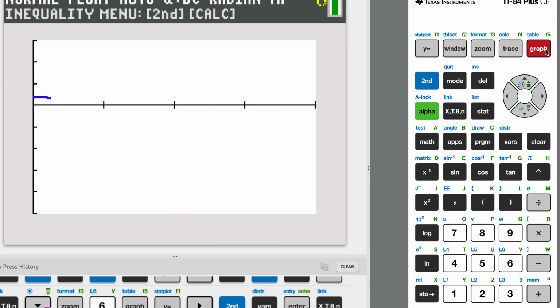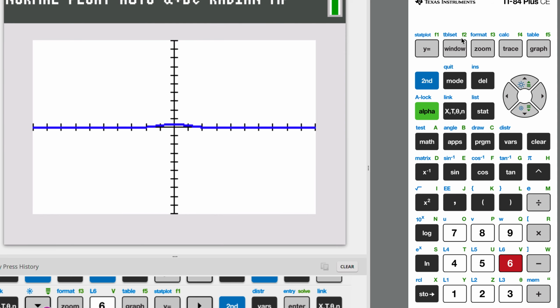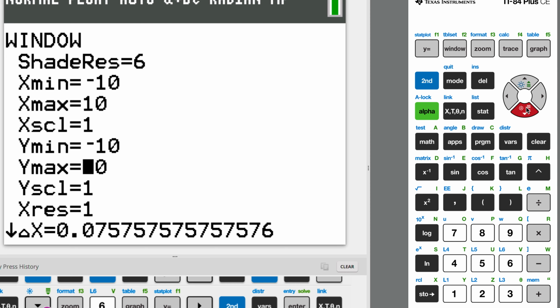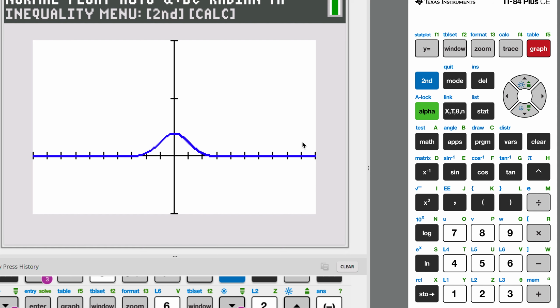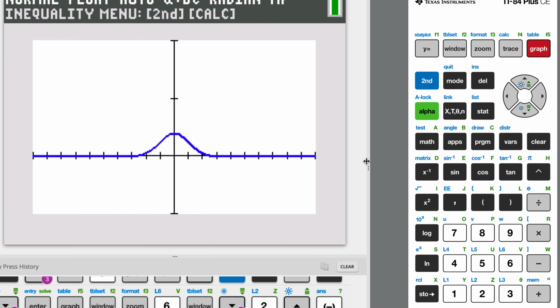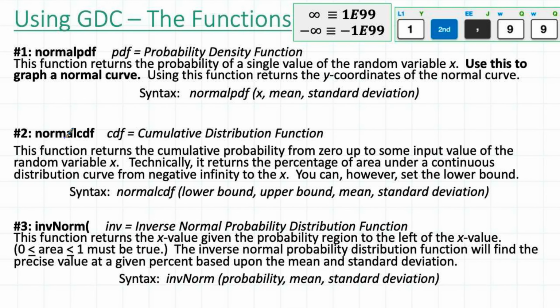I can graph this if I want to. I'll just change the window to, probabilities are small, so we're just gonna go with 2, and you can see the bell curve happening. The mean is at 0 and the standard deviation is 1, so that's how it's moving here. So the first function is just if you want to graph it.